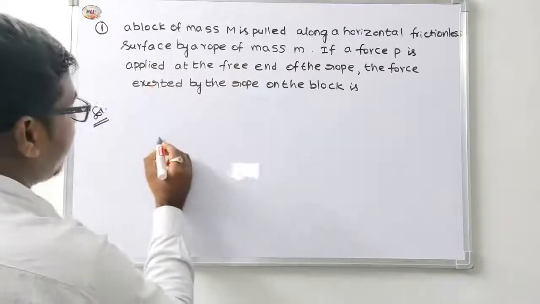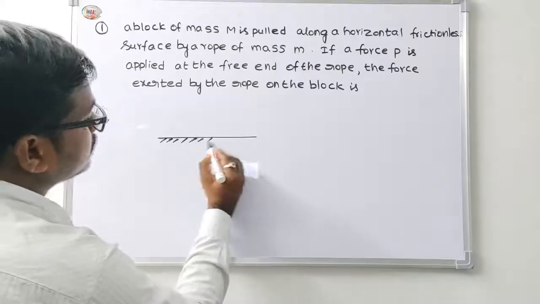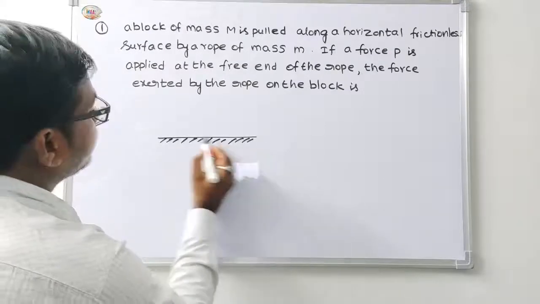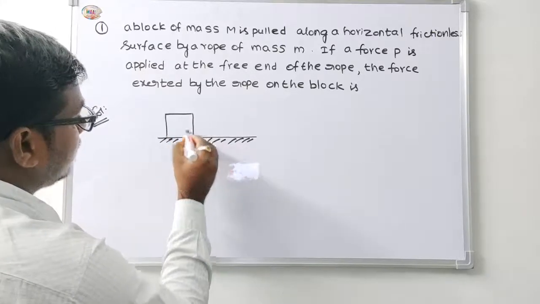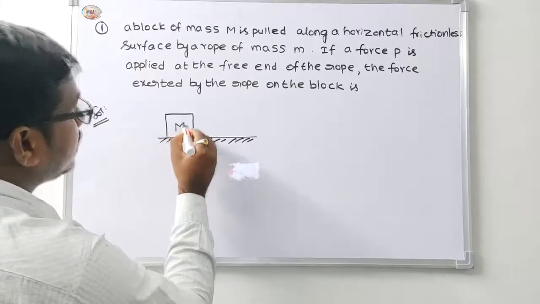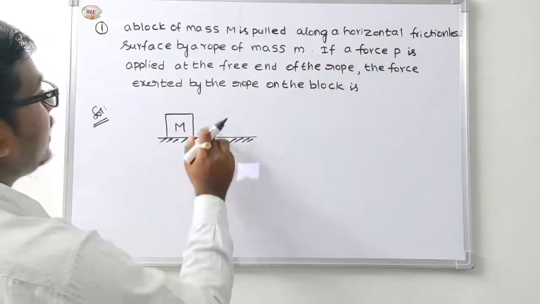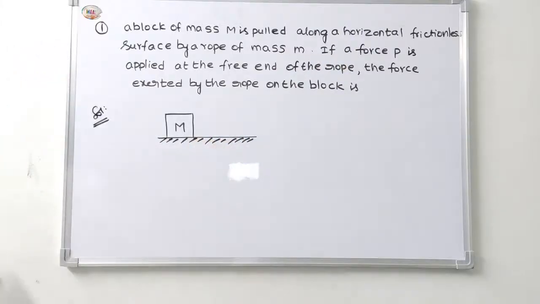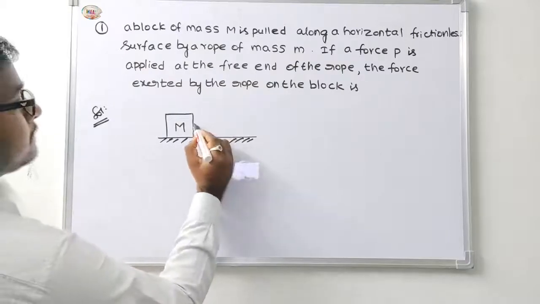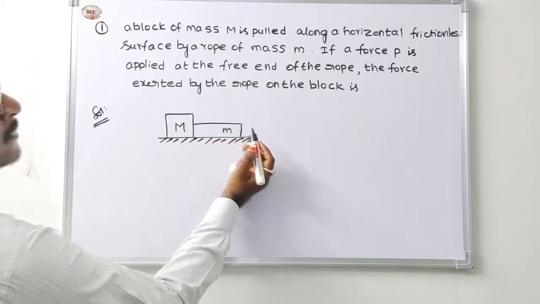A block of mass capital M is pulled along a horizontal frictional surface by a rope of mass small m.